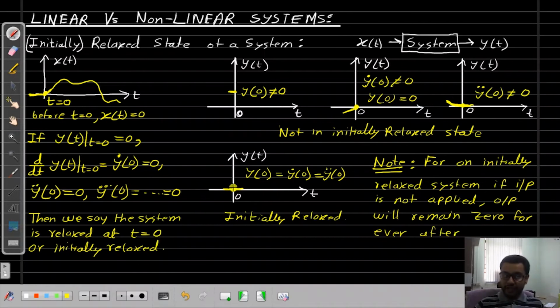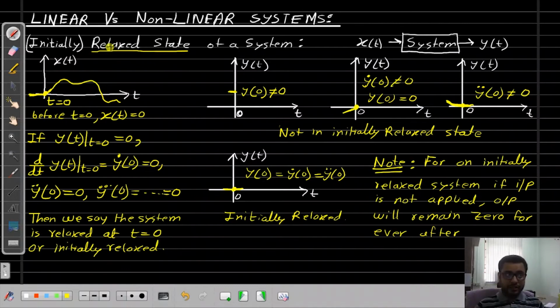Because output is already 0, its slope is 0, so it is not going to increase after a while. Its second derivative is 0, so even the slope is not going to change. All other derivatives are 0, so output will remain 0 unless and until this input comes. Such a situation is called relaxed state or initially relaxed state.